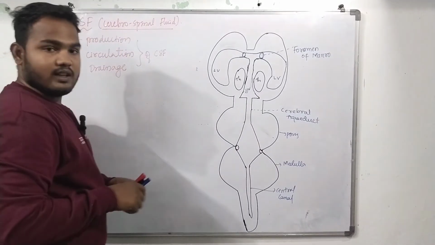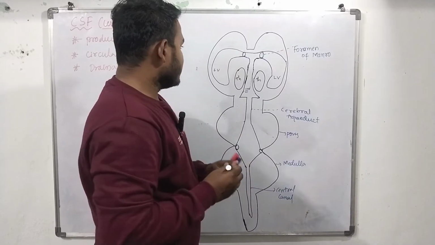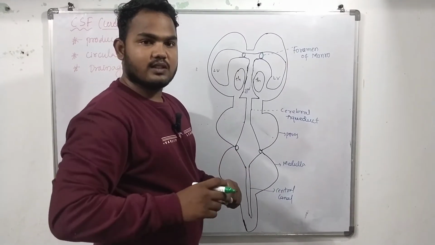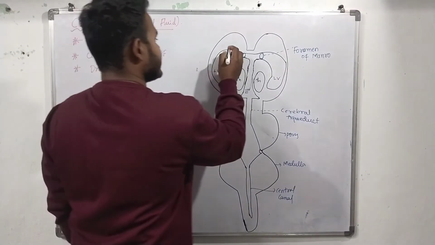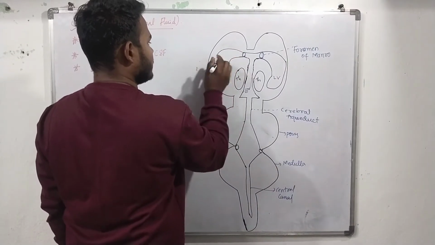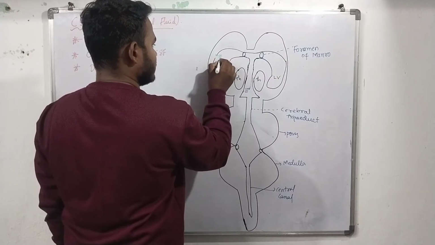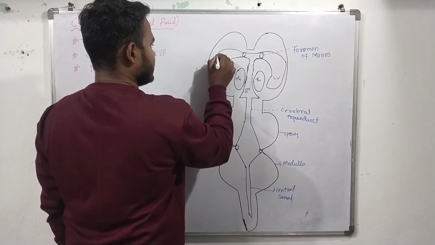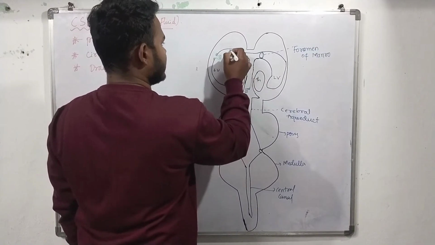Now, actually, the CSF is produced by the choroid plexus which are present here in the lateral ventricles.